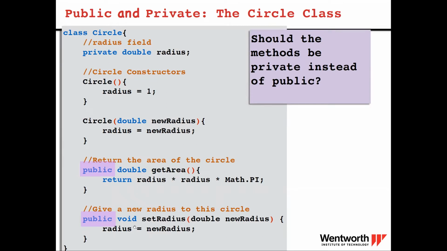So this gives us much more flexibility in what we do when the radius changes. So you will often see setters and getters in various contexts for data that is private that needs to be either accessed in some way or changed in some way in a class.